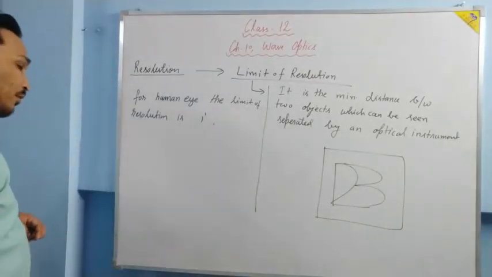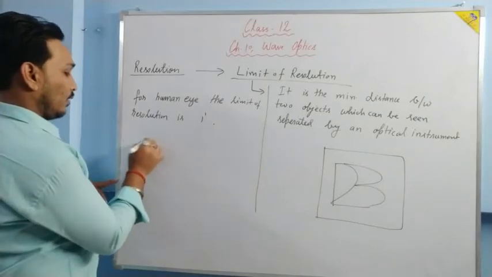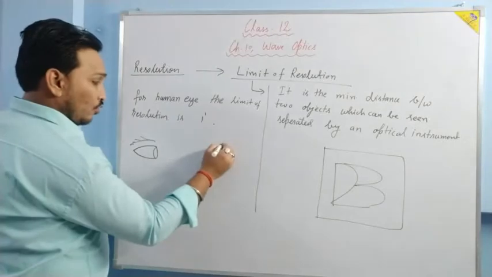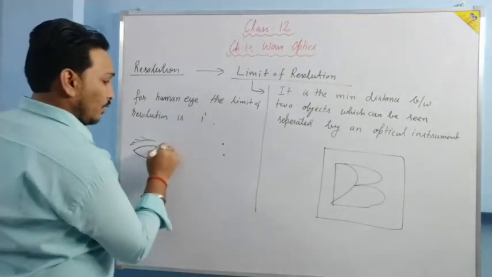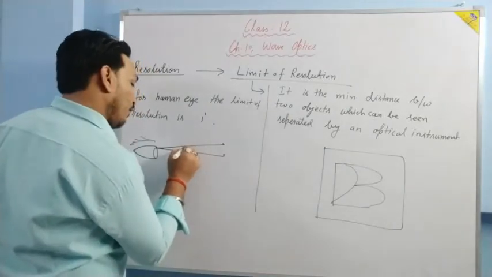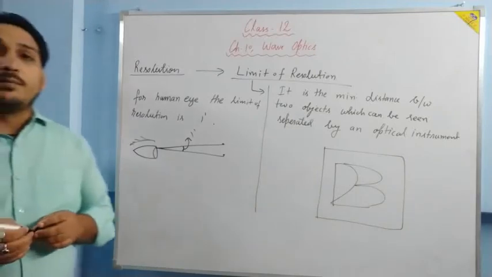What does 1 minute mean? Like suppose here your eyes are, then two objects which are at a certain distance, if they subtend an angle of 1 minute, then they can be seen separated.